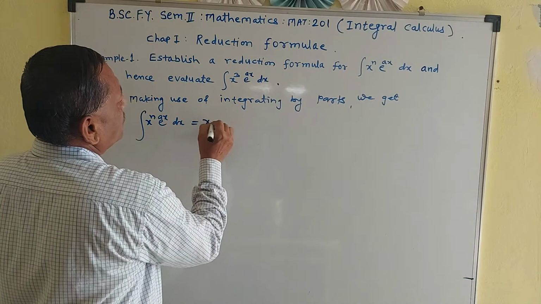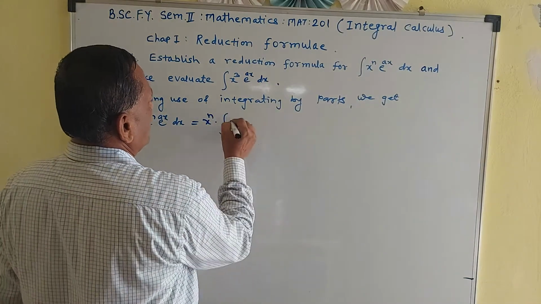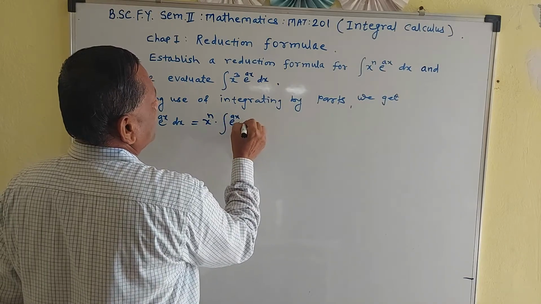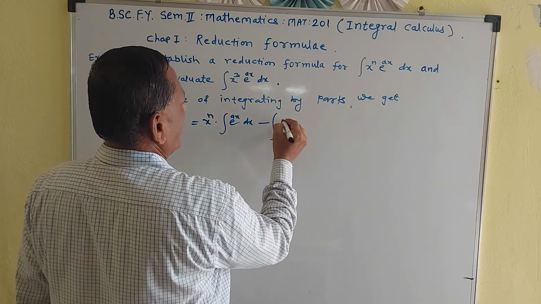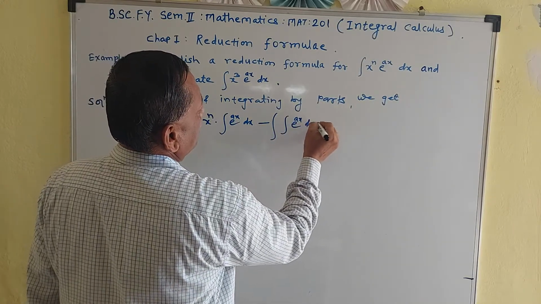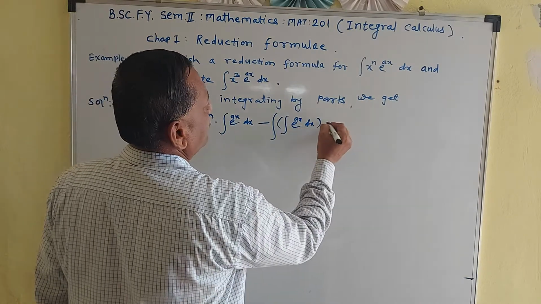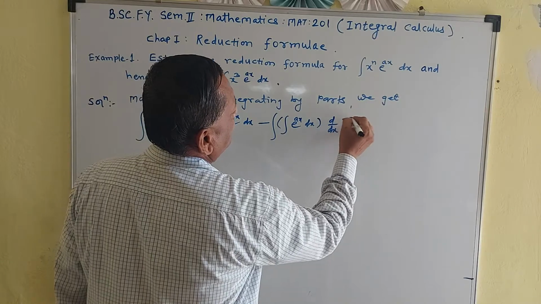Therefore x raised to n into the integration of the second, e raised to ax dx, minus the integration of e raised to ax dx into the derivative of the first, that is d by dx of x raised to n, dx.